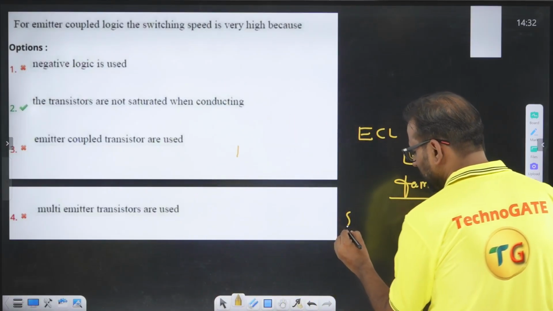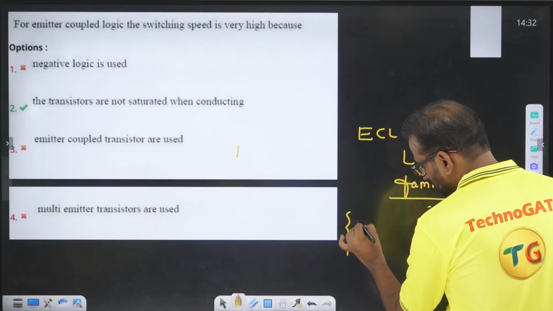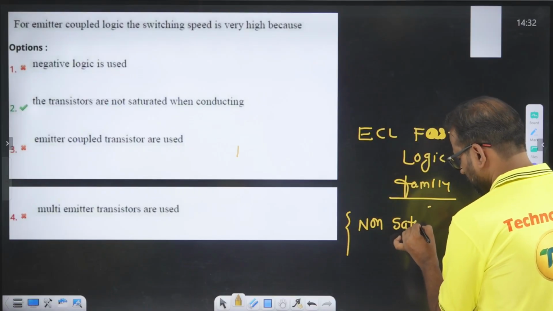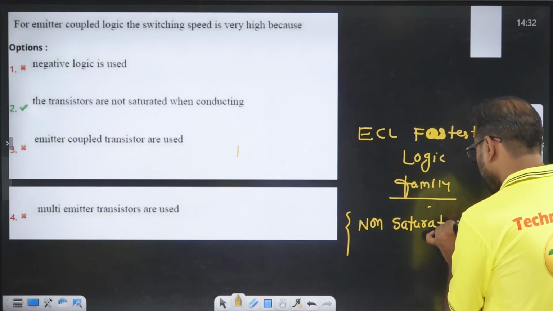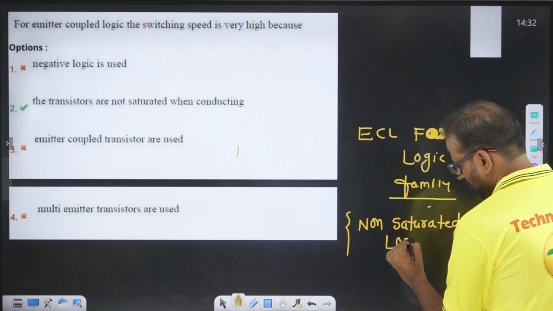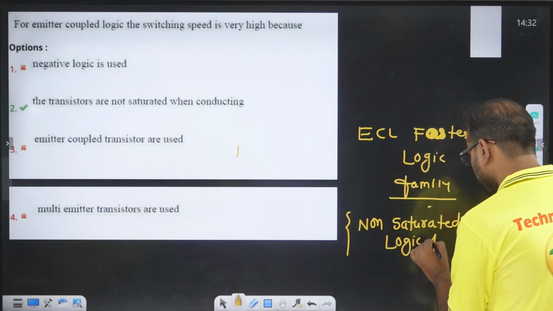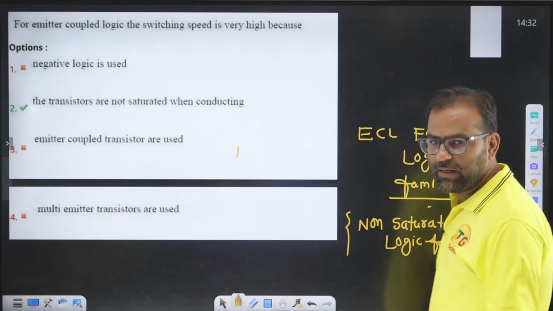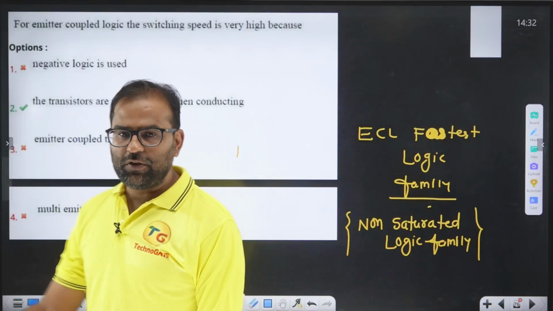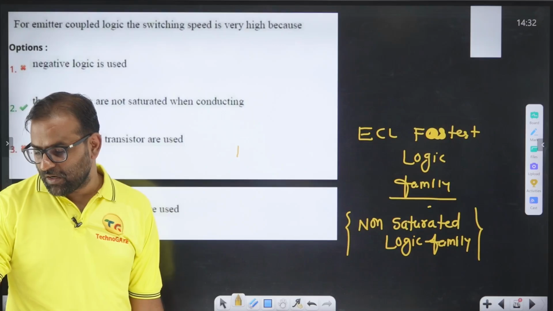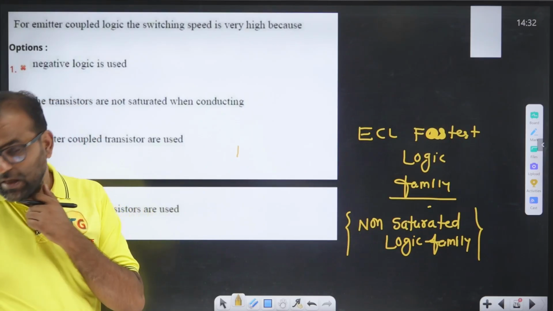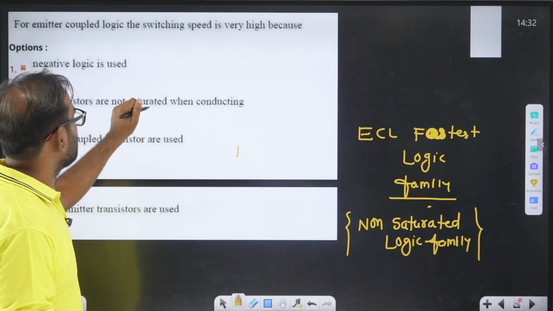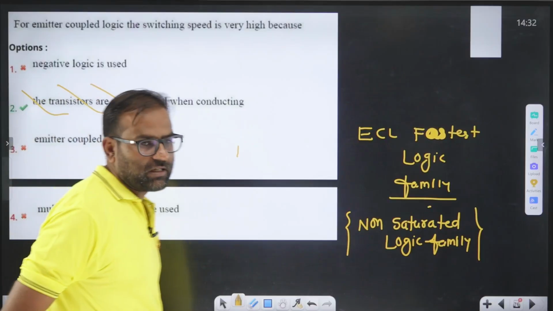None of the transistors will enter into saturation. This is also known as non-saturated logic family. So if it is a non-saturated logic family, then none of the transistors will enter into saturation. So can I say the transistors are not saturated when conducting? This is the correct reason.